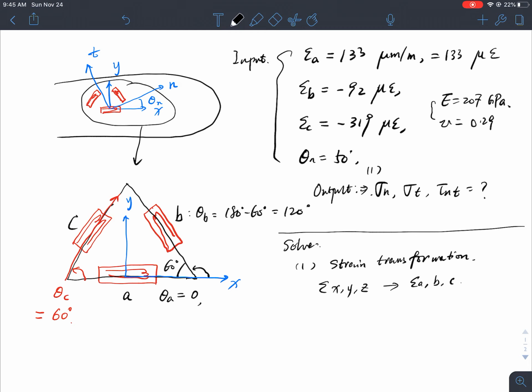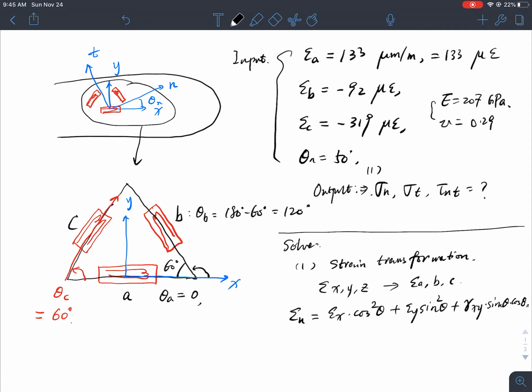I'm going to use the equation I showed before: epsilon n equals epsilon x cosine squared theta plus epsilon y sine squared theta plus gamma xy sine theta cosine theta. We're going to use this transformation equation to convert the strains in different orientations.